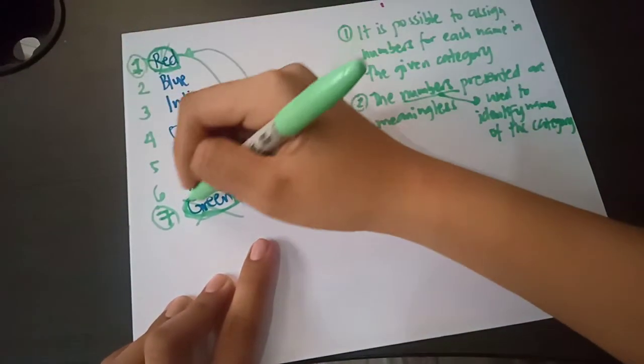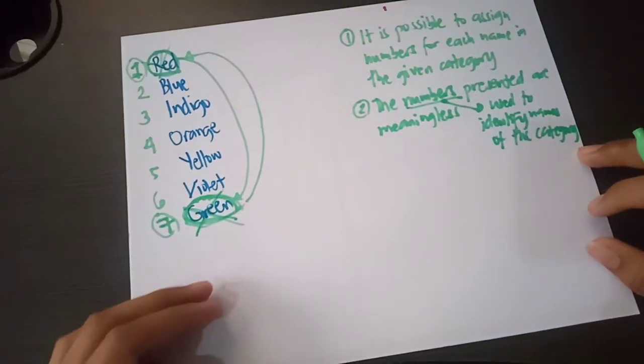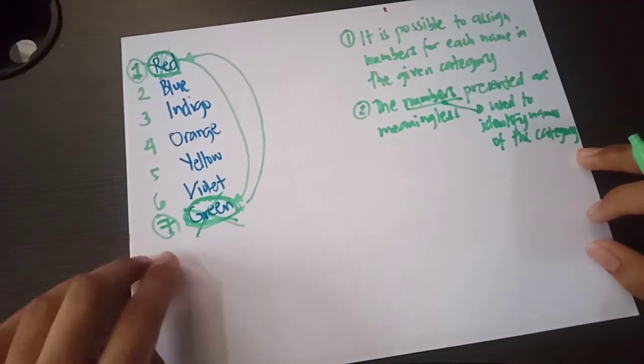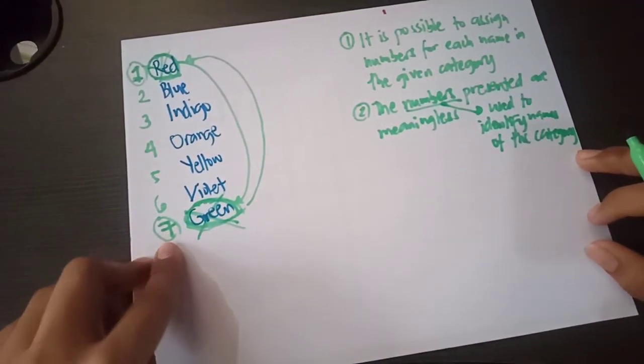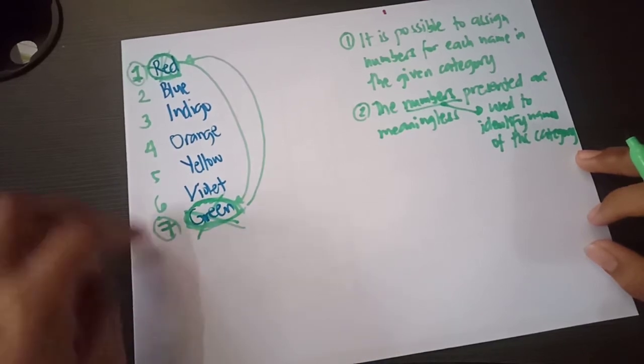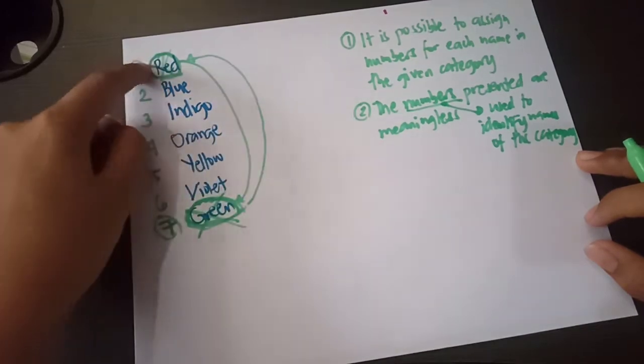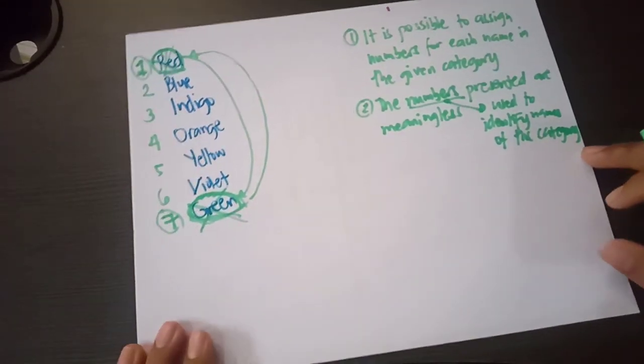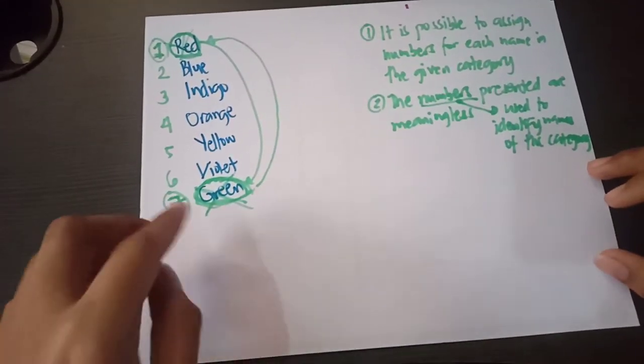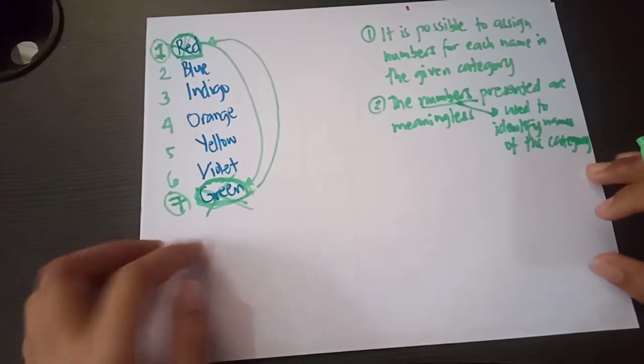They are just used to identify names, because we cannot say that since green has the number 7 and number 7 is much higher than number 1, we can say that green is much superior than red. That is very wrong, because we only base them on the assigned numbers.